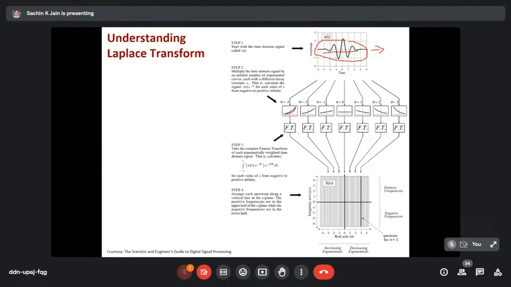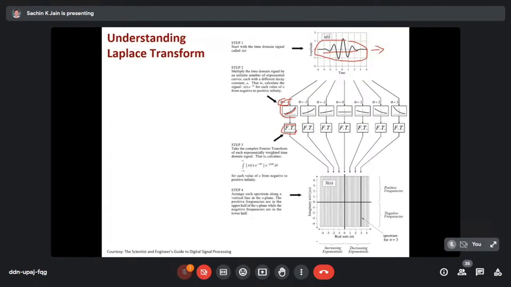So it has your Fourier transform along with the exponential term. For different values of sigma, meaning different values of exponential slope, what is your Fourier transform? That is the representation of the Laplace transform. I hope this figure will give you some insight about the Laplace transform.